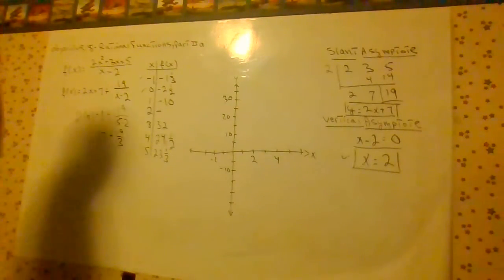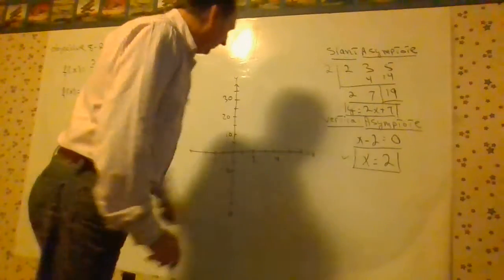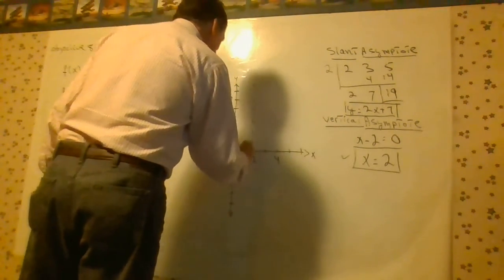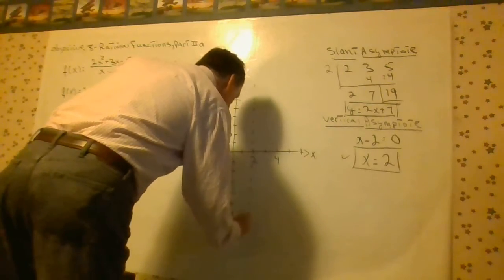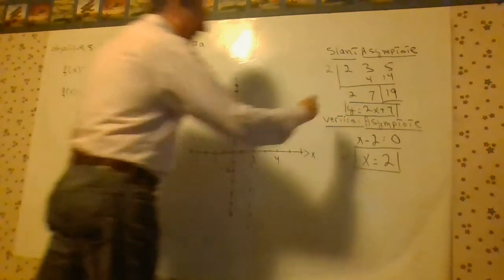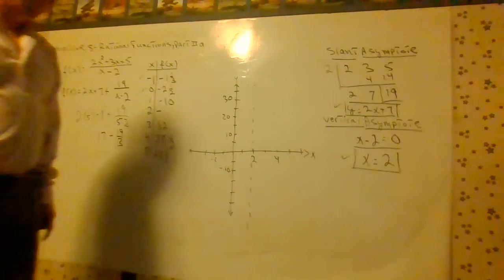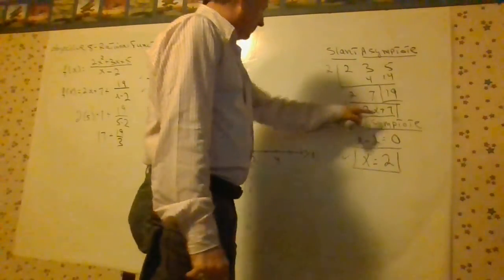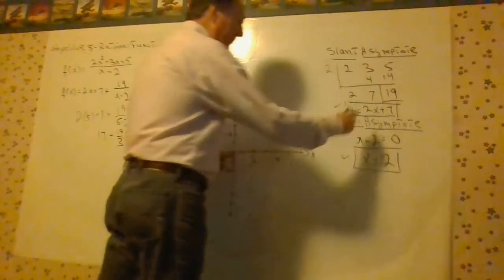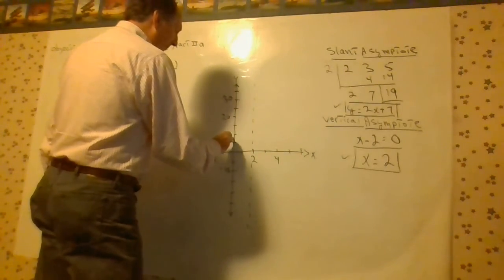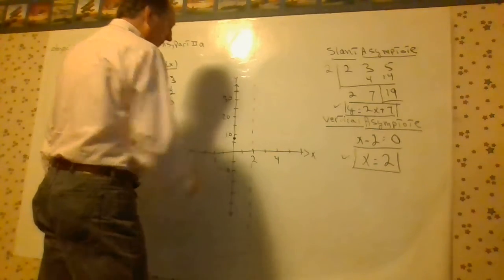Okay, now we need to graph the asymptotes. x equals 2 is easy. That's just a vertical line right here. The slant asymptote, a little more complicated. The simple way to do it is just plot a couple points. At x equals 0, 0 plus 7 is 7. There's 5, that's right about here.